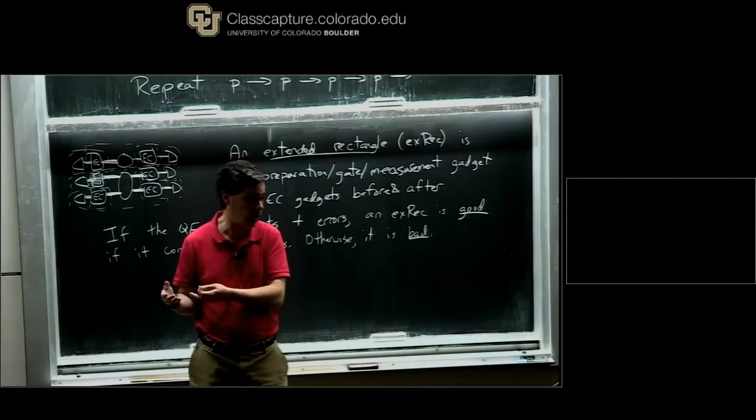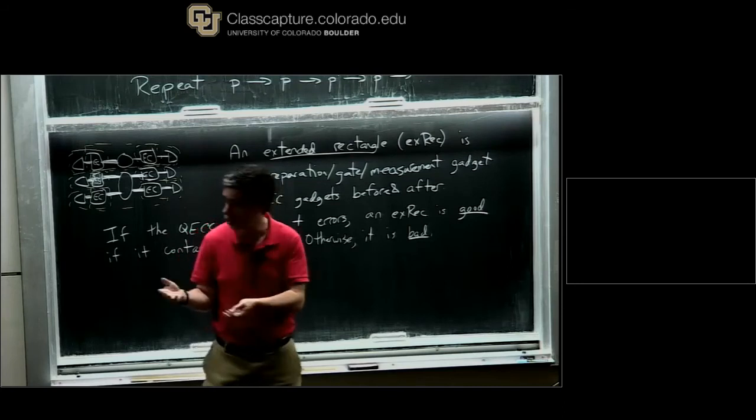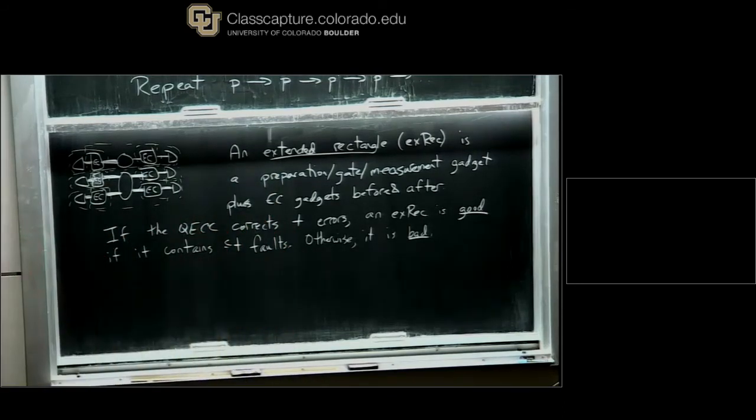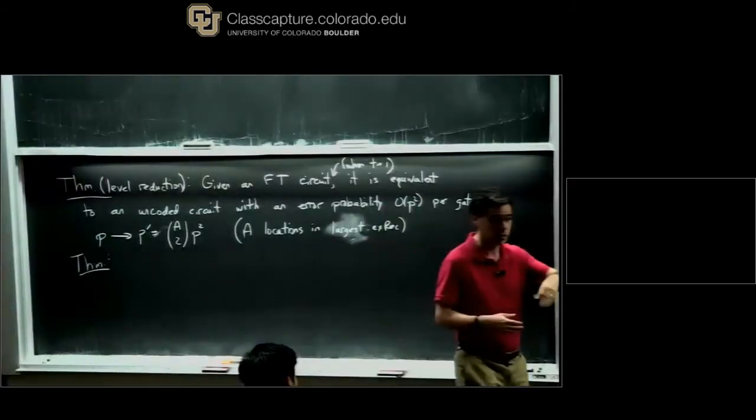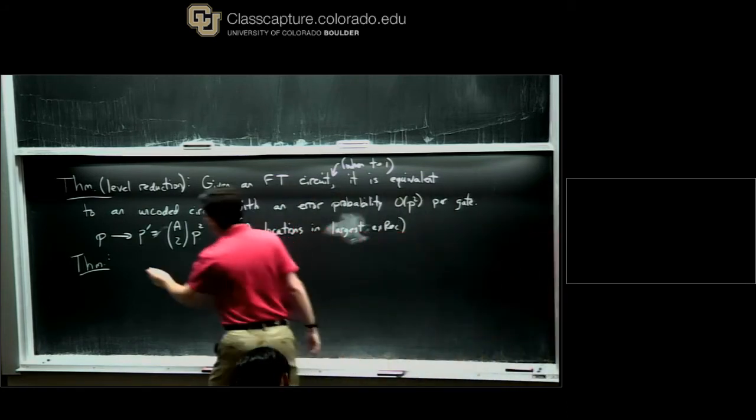If we've done that once, why not do it again to make the error rate even lower? And you can do that. So that's called a concatenated code. And using it, we can say, well, if we can reduce the error rate once and we can reduce it again, why not reduce it even further and further and further? And so that gives us the threshold theorem.